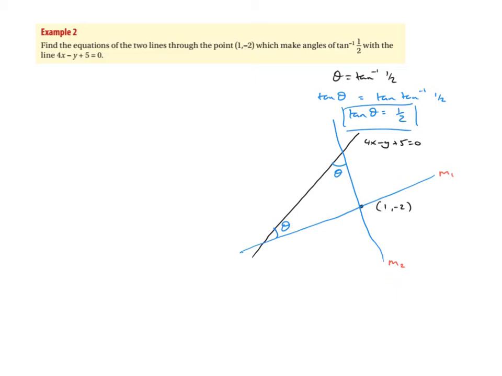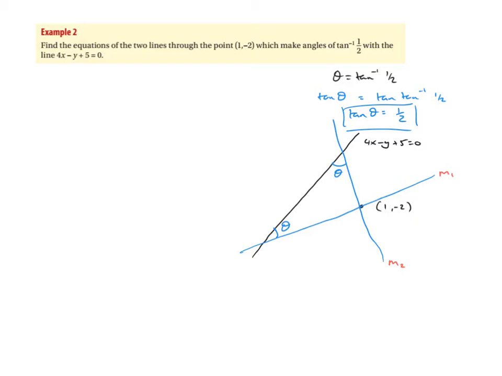So going through the diagram again: point (1, -2), then an equation of the line 4x - y + 5 = 0, and we're trying to make the same angle here and here, which happens to be tan theta equal to a half. So we're going to have two different slopes or gradients.